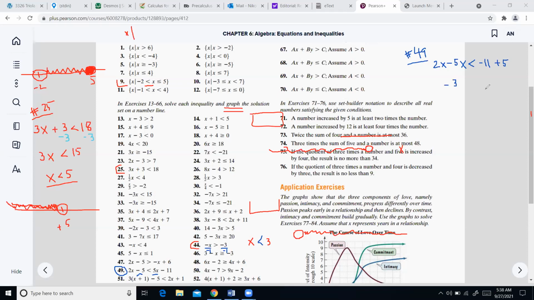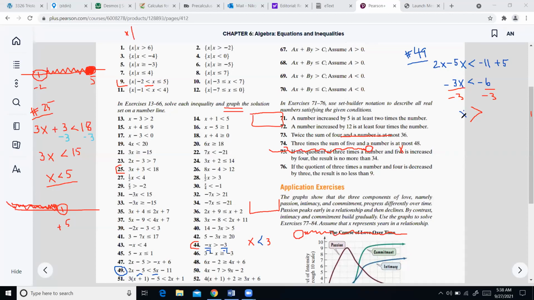And then we have -3x on the left, which is smaller than -6, right? And now we're going to finish up with it by division. On both sides, I divide by the number -3. And when I do this, again, my inequality is going to reverse its direction because we divided by a negative.